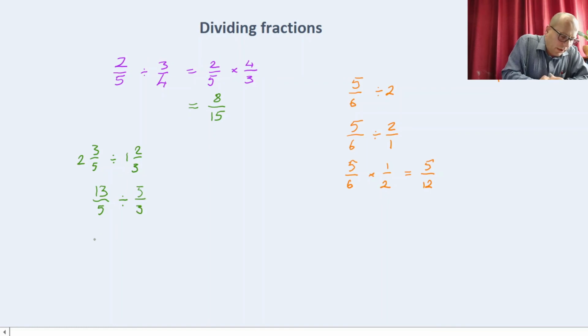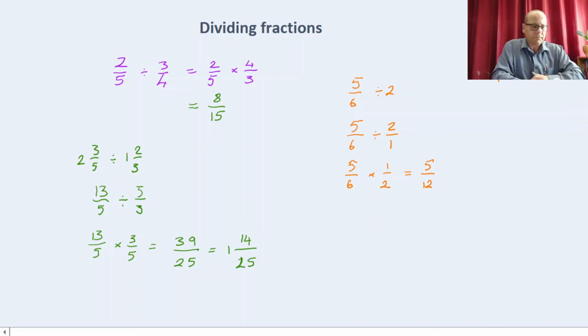Then we have 13 over 5 times 3 over 5. And that is 39 over 25. And that is 1, and there is 14 left over.